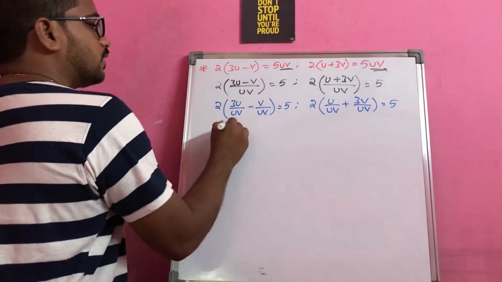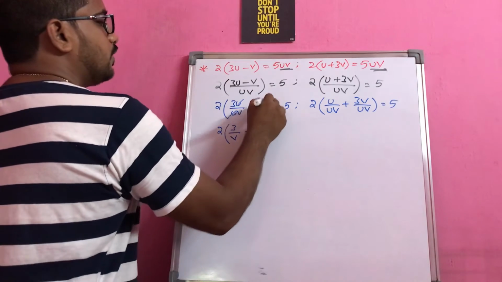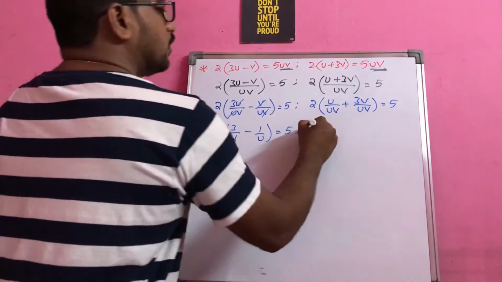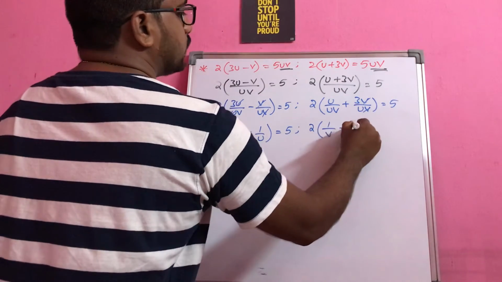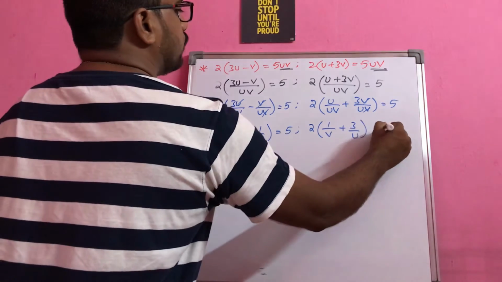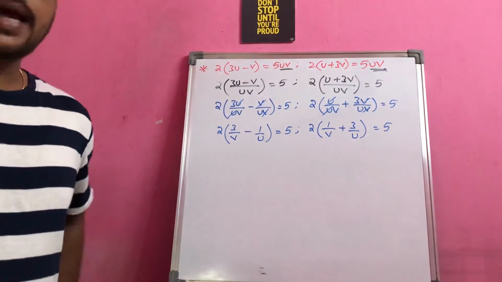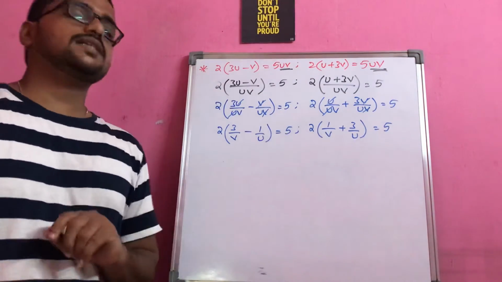So if you do the further simplification here, u will get cancelled. So 3 by v minus, v will get cancelled, 1 by u is equal to 5. 2 times of this will be 1 by v, v will get cancelled, 3 by u is equal to 5. So now the doubt comes here is whether we have to take 3 by v as some variable or 1 by v as some variable.